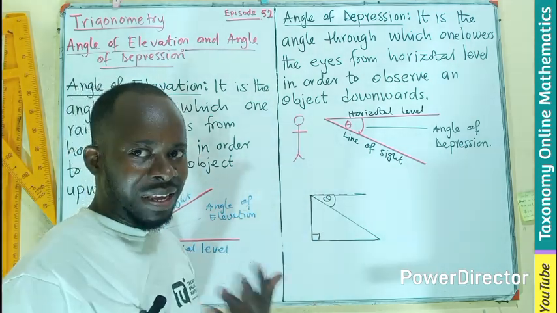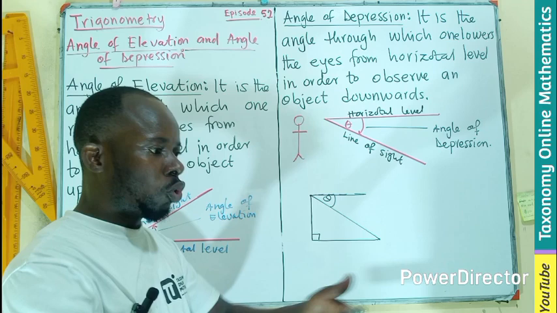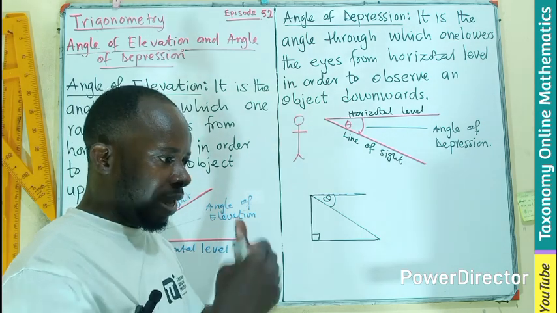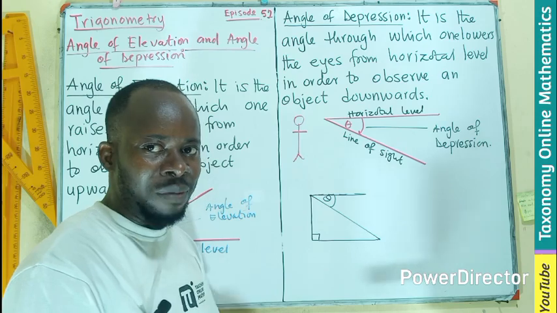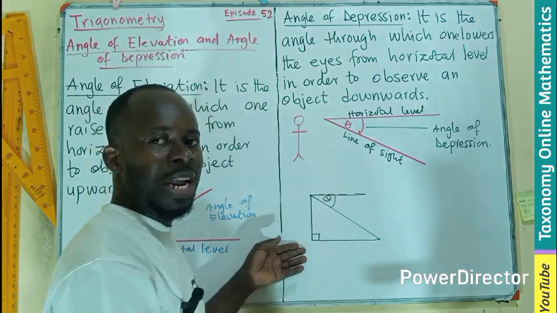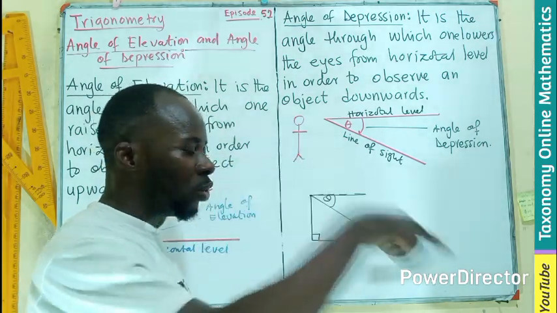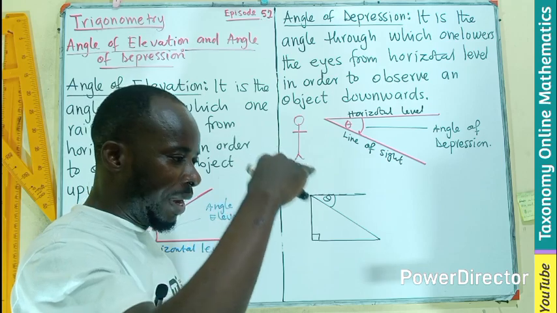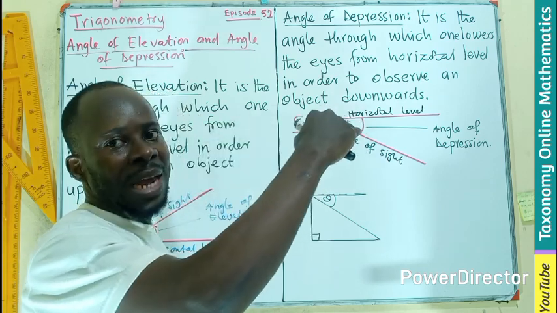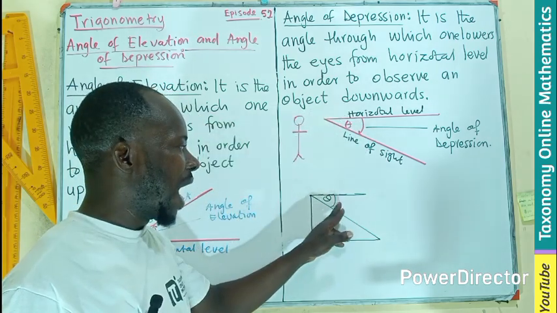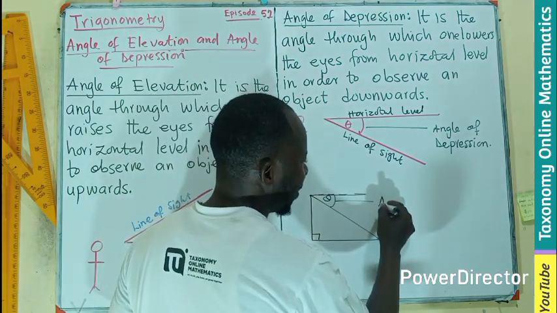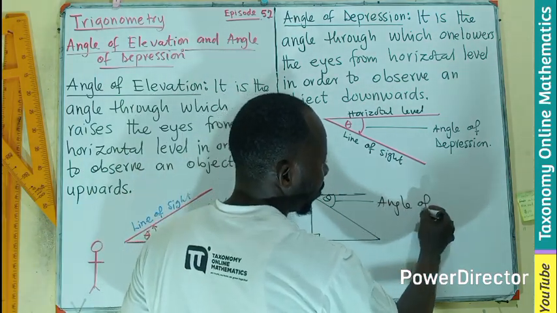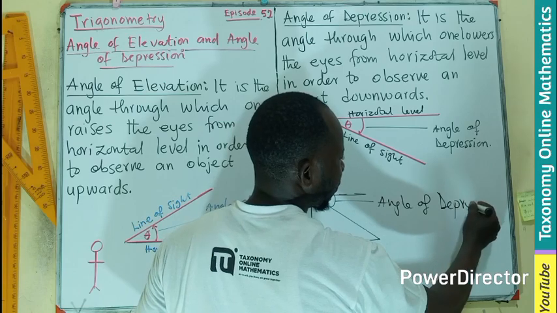Or just like maybe I am standing and I want to look at the shoe of somebody. So the person's shoe will be on the same level ground with my shoe. So we are all on the same level ground. So I'm only looking at the person's shoe with my eye brought down from the horizontal line. Right? So that is angle of depression. So this angle here is angle of depression.